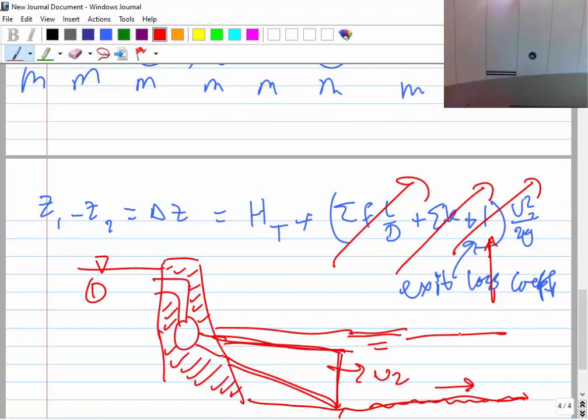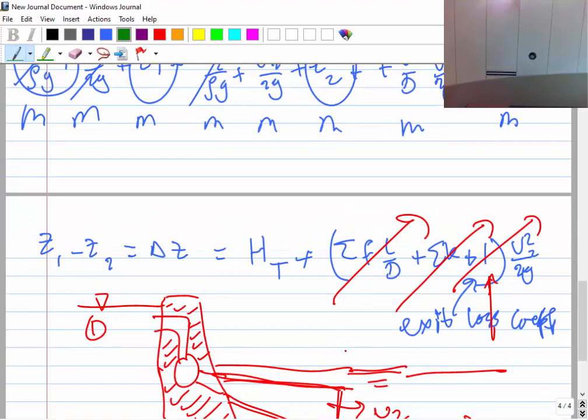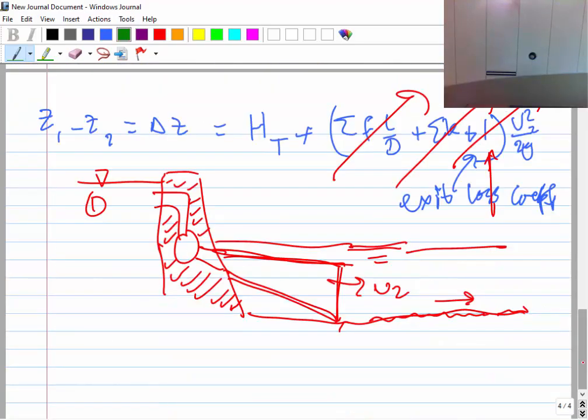So does anyone have a smart question for a free quiz? After I explain this, does anything not make sense, or do you want to criticize what I said? I'll give you a free quiz if you tell me what doesn't make sense in this argument. So here's 1 and here's 2. 2 is where the exit is.